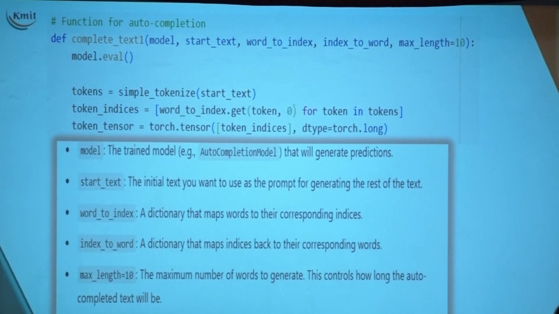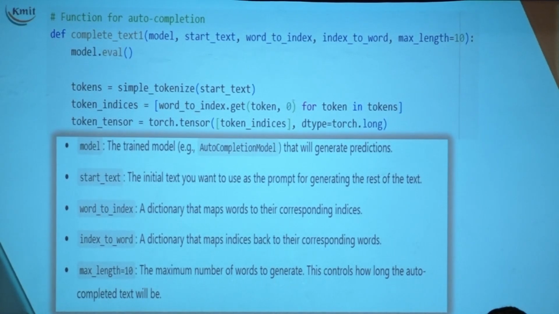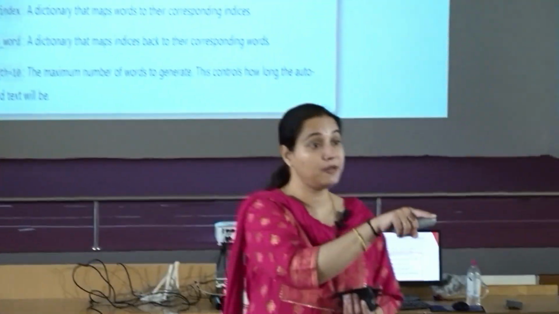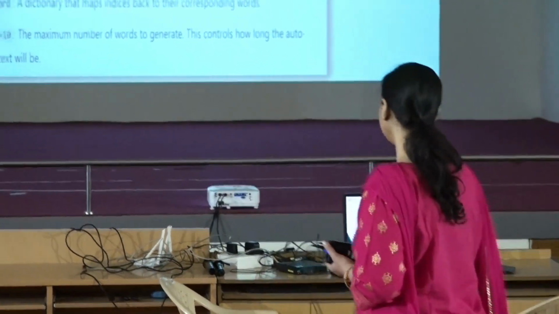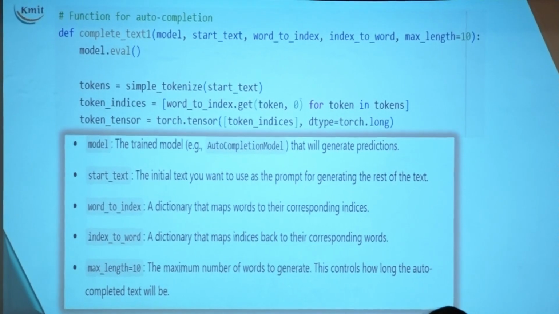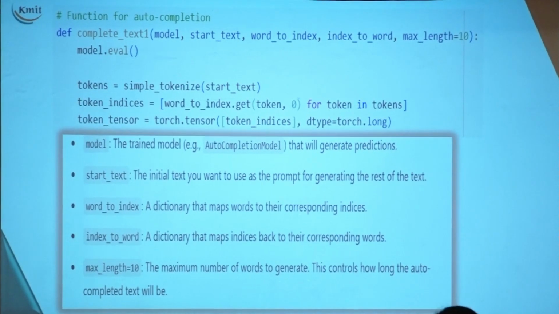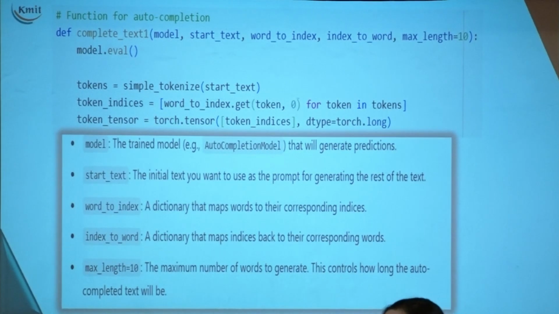Then the next parameter is word to index. Word to index, index to word we already did in our pre-processing part. The same thing that we are going to do. Take it, and maximum length equal to 10. Maximum length equal to 10 means it will control how long this auto generation will take place.